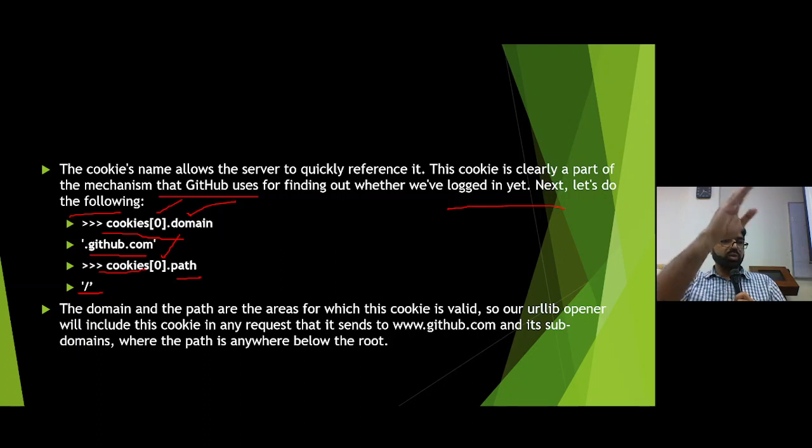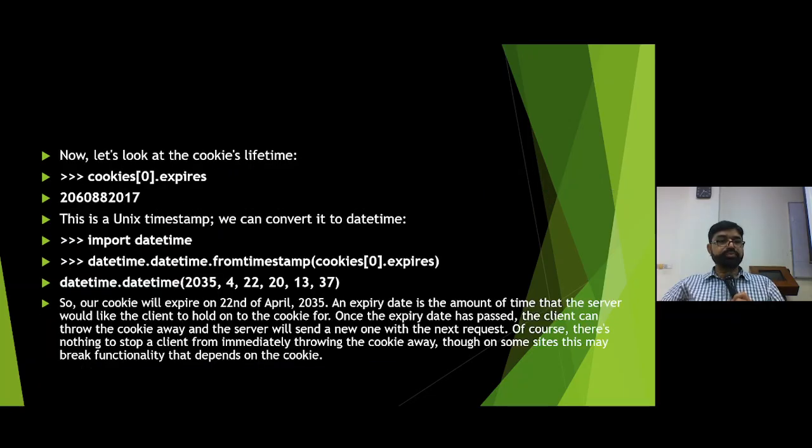So after github.com, the path is slash. The domain and the path are the areas for which the cookie is valid. So the urllib opener will include these cookies in any request that is sent to github.com and its subdomains, whatever the path below the root.